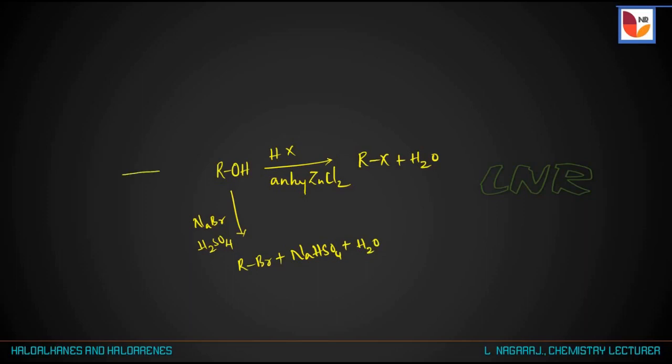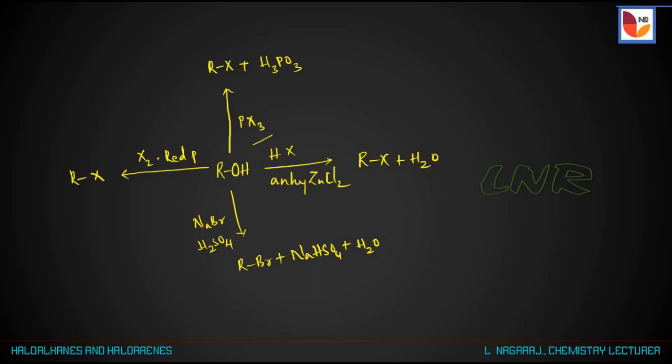And the next method is reaction of alcohol with halogen gas in the presence of red phosphorus. So it gives the product RX. And the next method, reaction of alcohols with phosphorus trihalides, PX3, gives the product RX, and the byproduct is H3PO3, phosphorus acid.